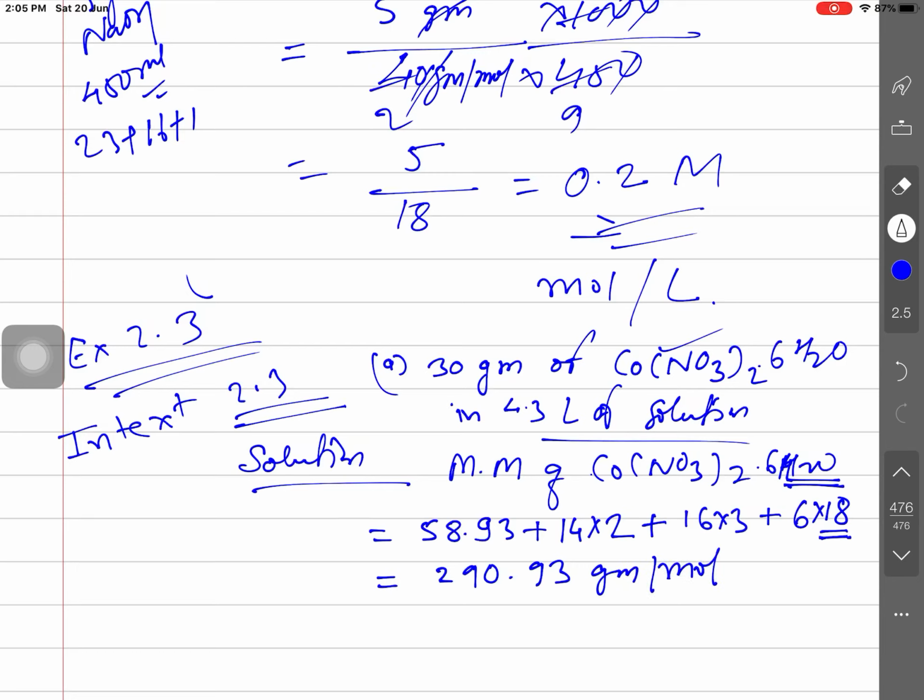This is the molecular mass of dinitro cobalt hexa aqua. Putting the value: 30 gram upon 290.93 gram per mole into 4.3 liter.